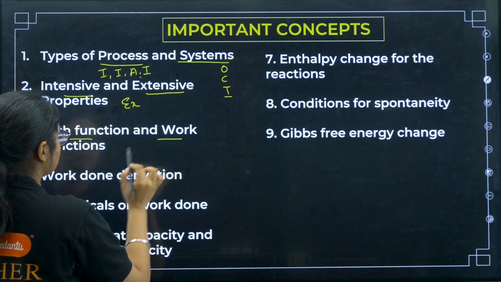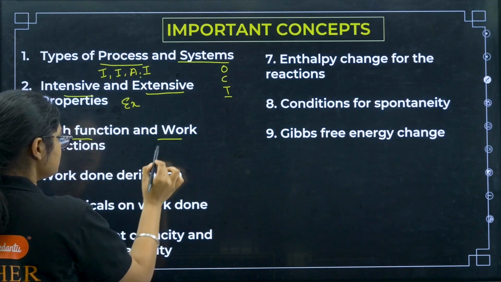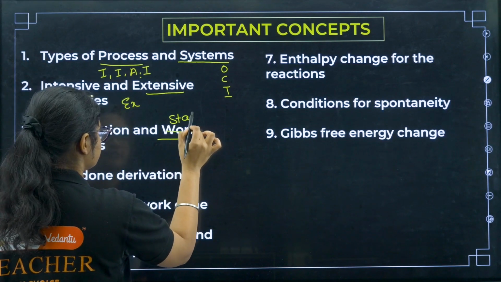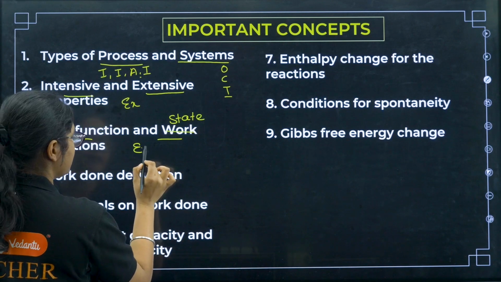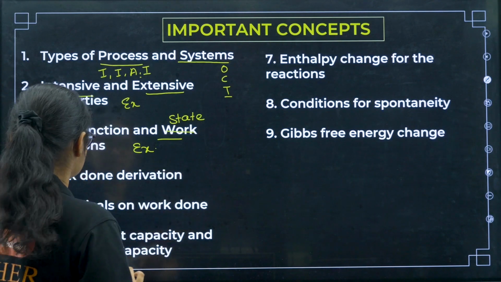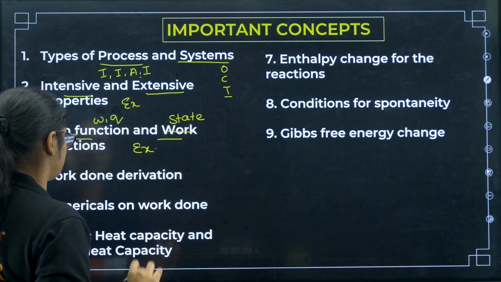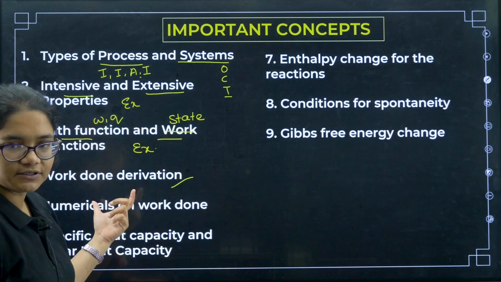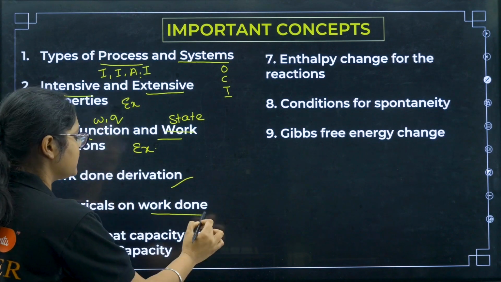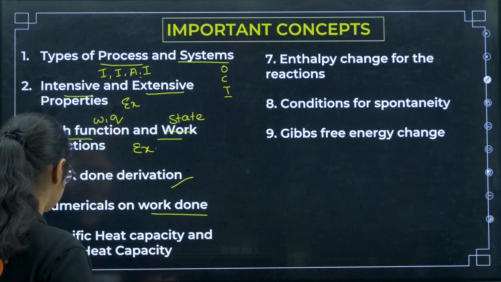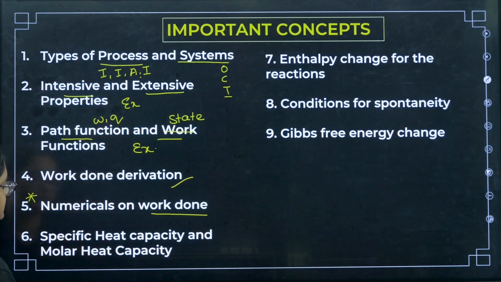Next, path function and state function, and their definitions and examples you should know. Remember, path functions are only work and heat, all others are state functions. Then work done, you should practice the derivation. Numericals on work done are a must, so please do maximum numericals on this topic.